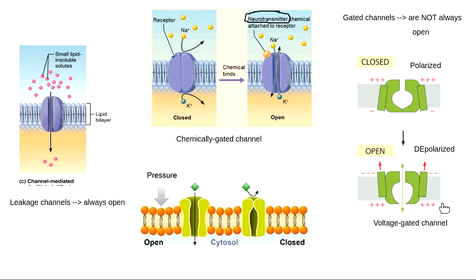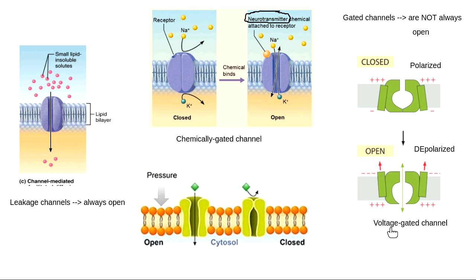Now it's opposite of normal. If my neuron is depolarized, or if my neuron changes its charge, its voltage, that's going to open up these channels. And when these channels open up, stuff can rush in or stuff can rush out, depending on what this particular channel actually transports.